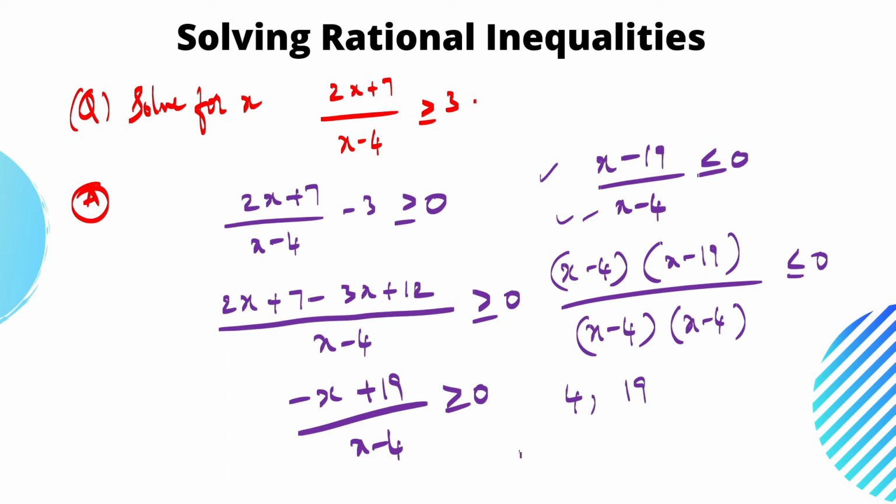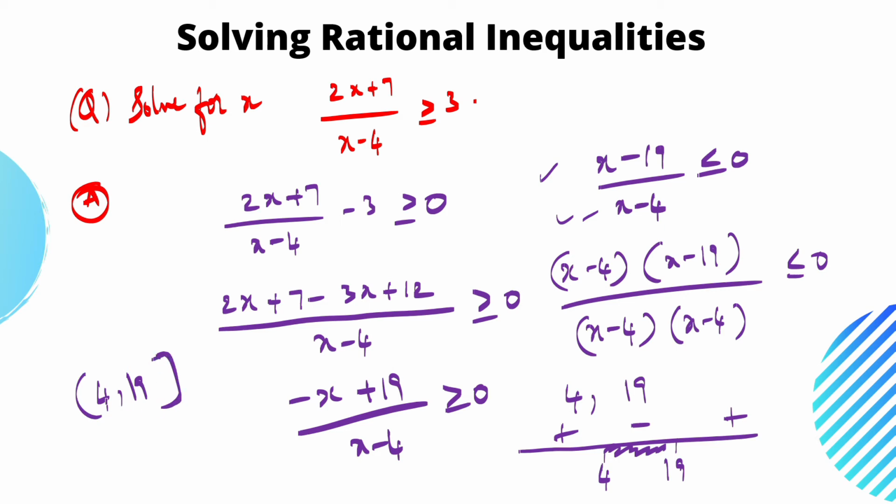If we plot 4 and 19, the coefficient of x squared is always positive, so we shall take positive, negative and positive. It is less than or equal to, so consider only the negative part, between 4 and 19. So the range is (4, 19].